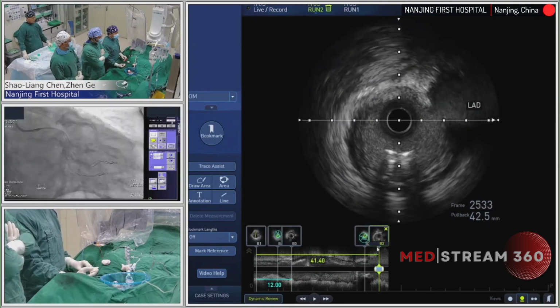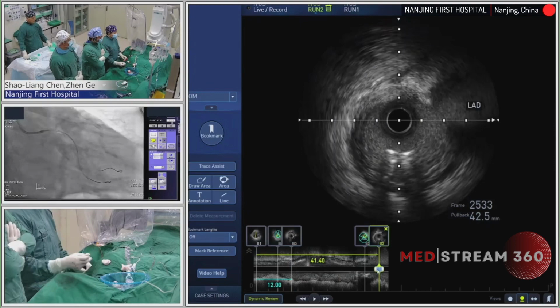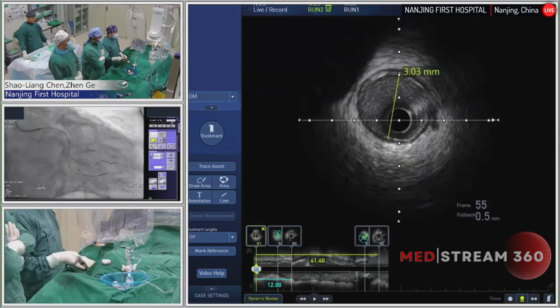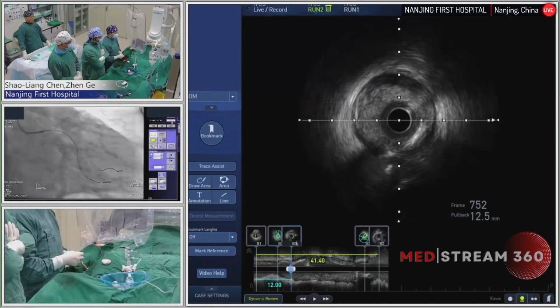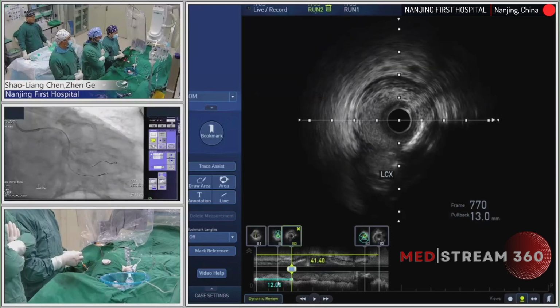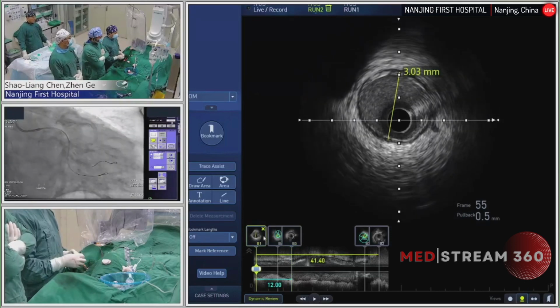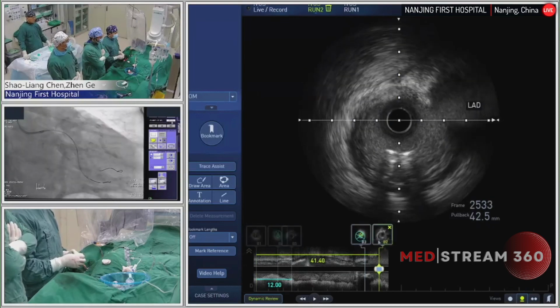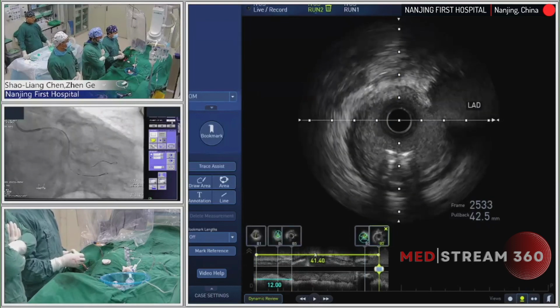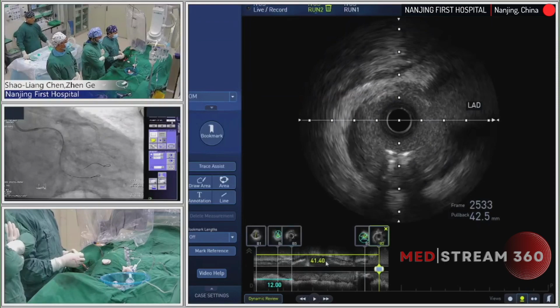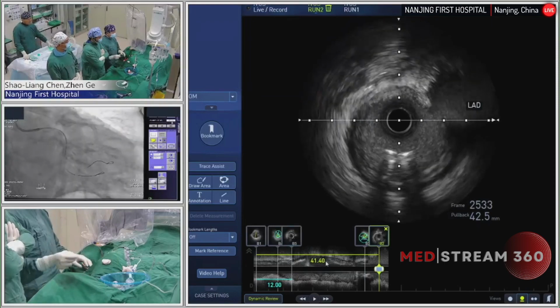This is the LAD. We measure the distance from the distal landing zone to the circumflex and OM bifurcation is about 12 millimeter, and the distance from the distal landing zone to the ostium of circumflex is about 41 millimeter. Okay, this is the baseline IVUS imaging.